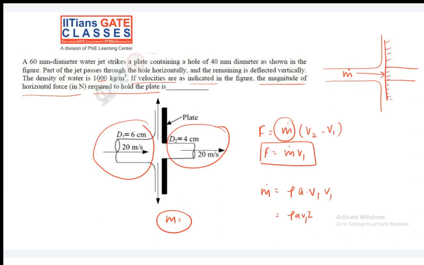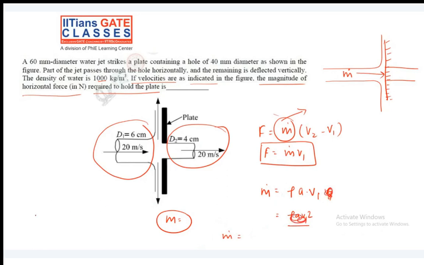There will be no attack by this mass, so we'll have to take care of that mass which is not attacking it, rather passing through. So the only thing you need to do is make a change in the mass flow rate. Here the mass flow rate is rho A V1 only.